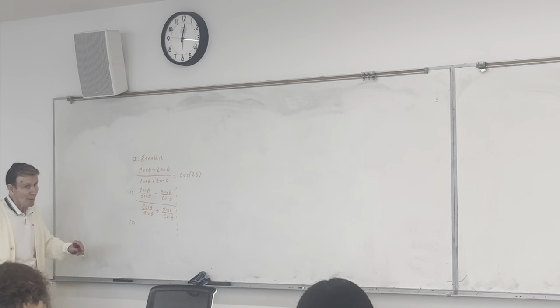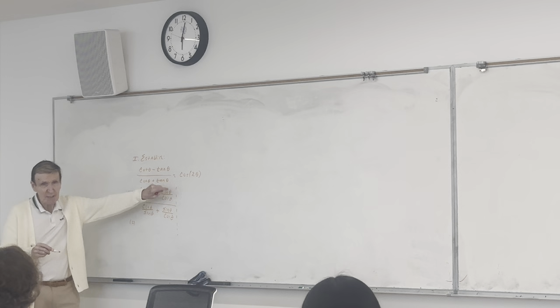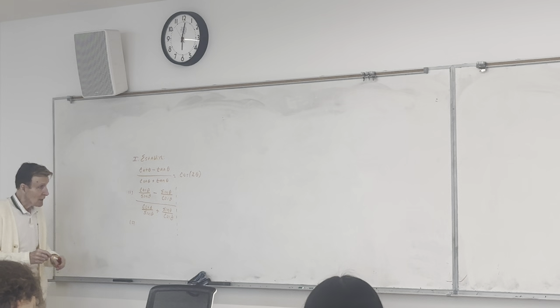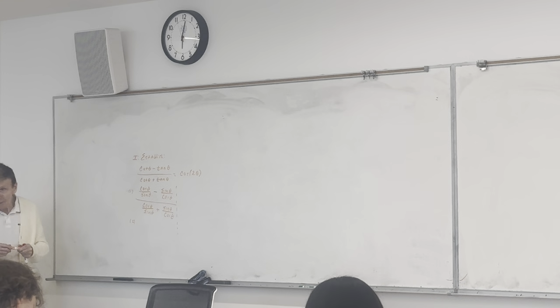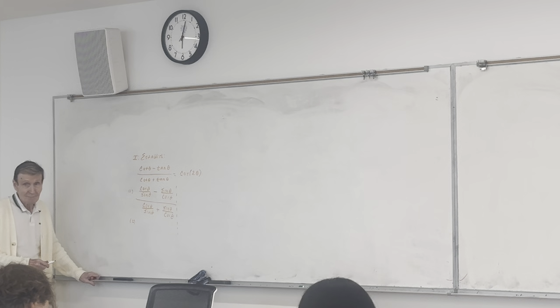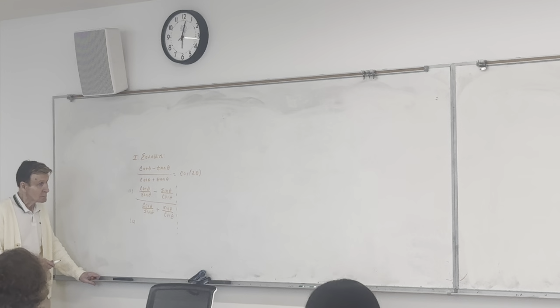And guys, keep in mind, my aim is to change this into one of the formulas for cosine double theta. Now, based on step 1, what can I do in step 2? Try to clean it up. What do you suggest?